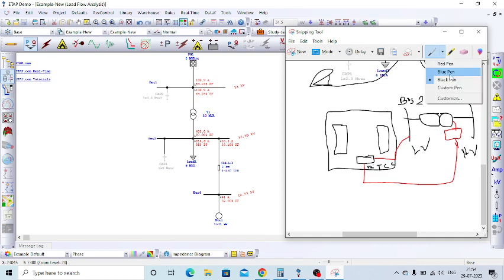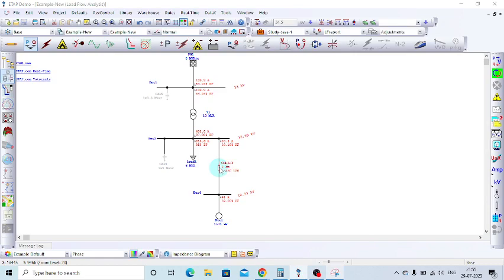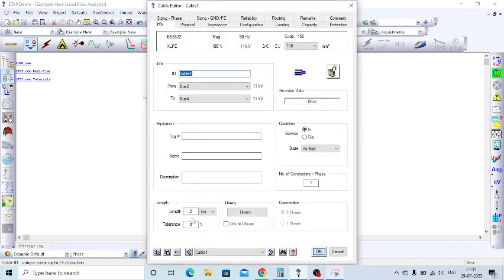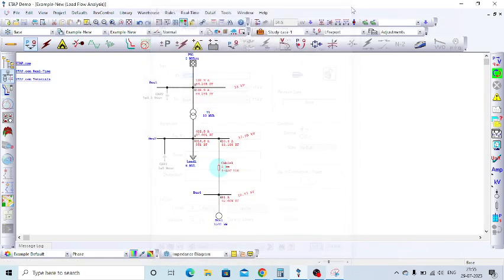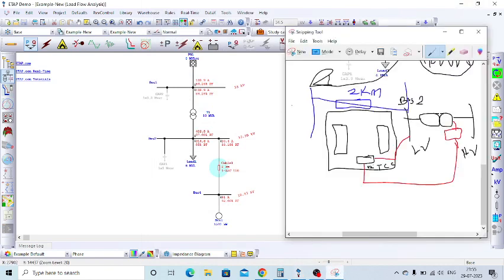Suppose I need to control the voltage at bus 4. Bus 4 will not be at this location, it will be in this location. Here some cable is there, around 2 kilometers in length, correct?